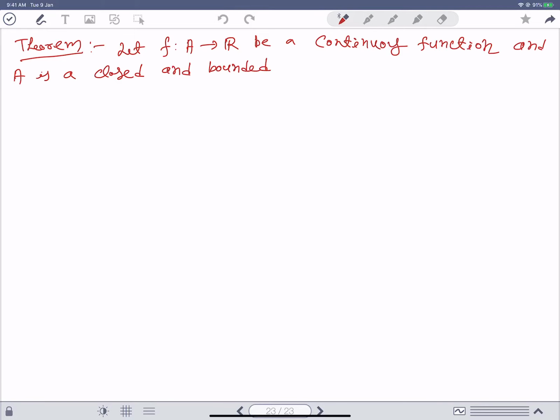In fact, you can take any closed and bounded set. So we can write closed and bounded set, then f is bounded.